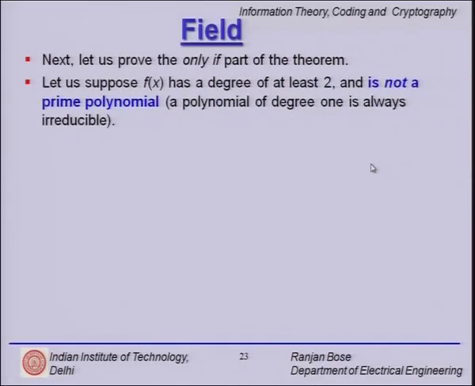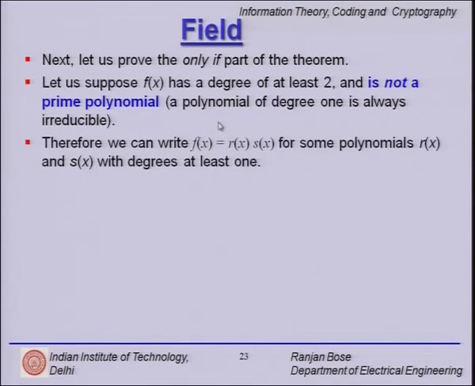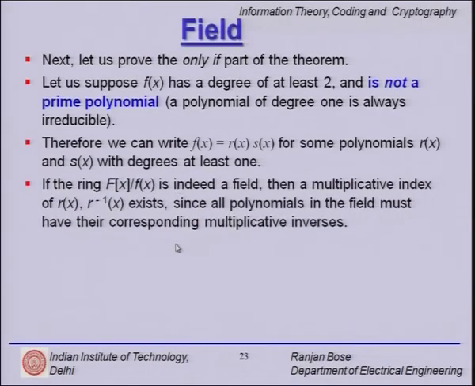So, the theorem had an if and only if. The only if part can be proven as follows. Suppose f of x has a degree of at least 2 and is not a prime polynomial. This is the assumption, and then we will contradict it. We know that a polynomial of degree 1 is always irreducible. So, we can write this f of x as some r of x times s of x for some polynomial r of x. Then we look at the ring F[x] divided by f of x.